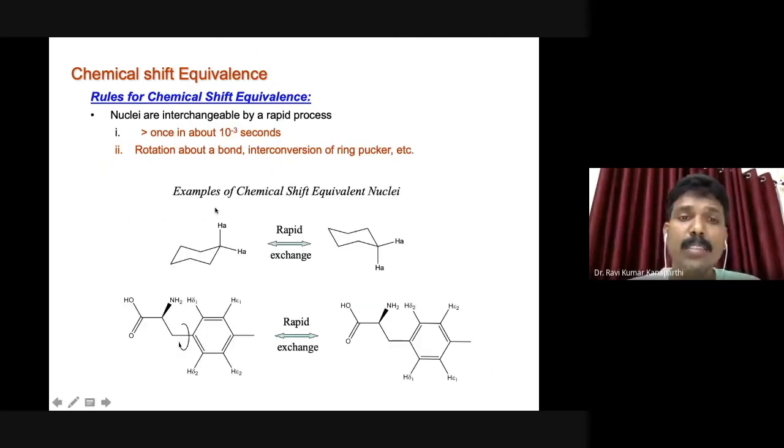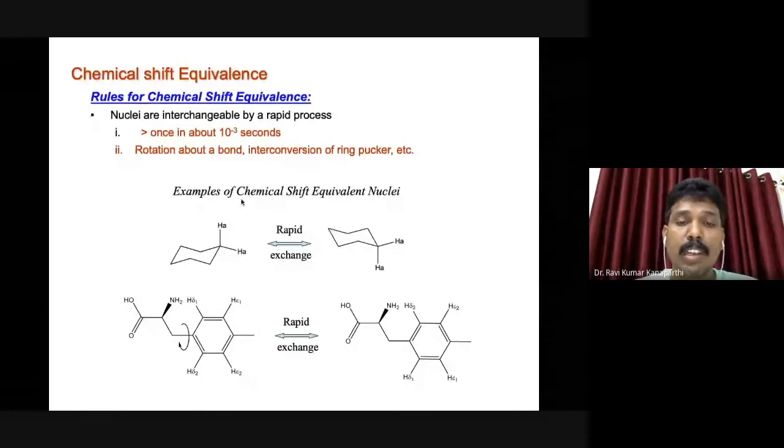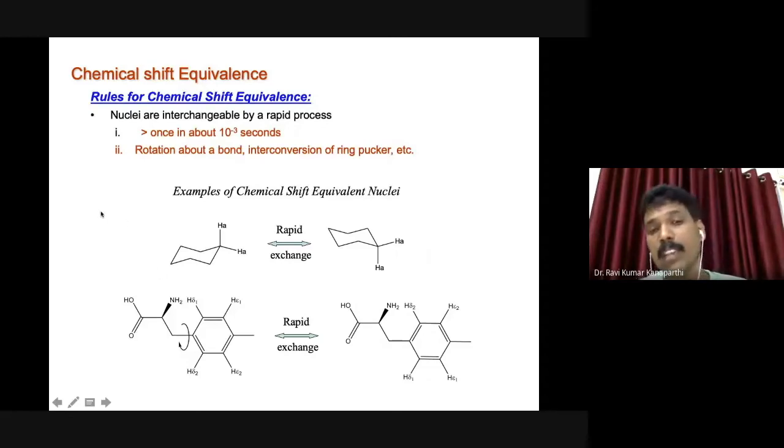And there are certain cases where, if the nuclei are interchangeable by a rapid process, then again we will see chemical shift equivalence. The best example is in the previous class, where we discussed the restricted rotation concept, when I discussed cyclohexane. In cyclohexane, the equatorial and axial protons get rapidly exchanged between one chair form and the other. As a result, in the normal situation, we don't see any distinction between the axial and equatorial protons.